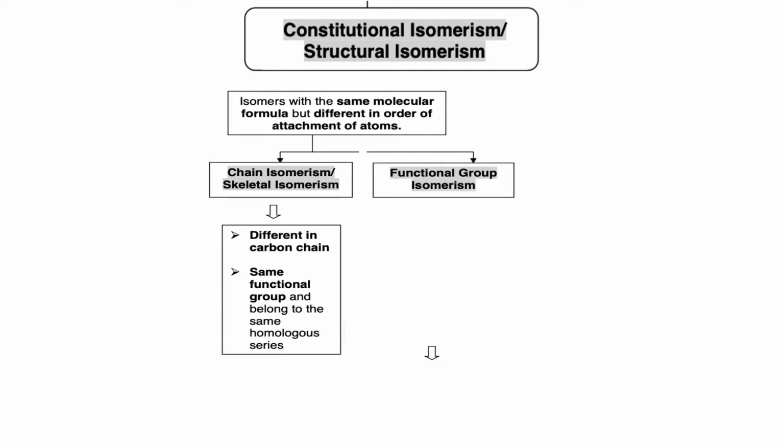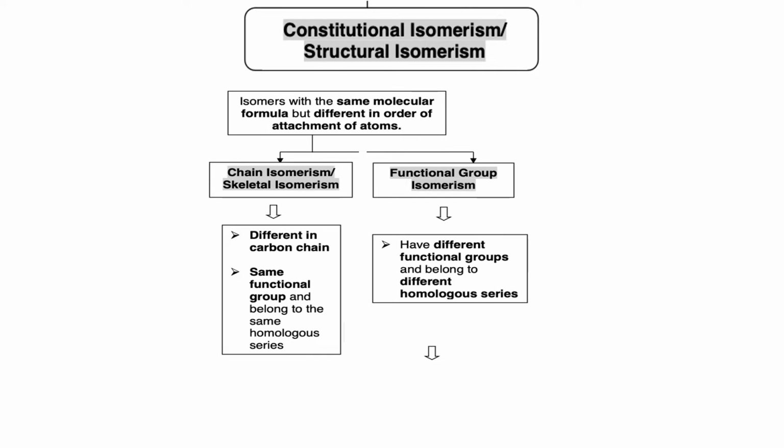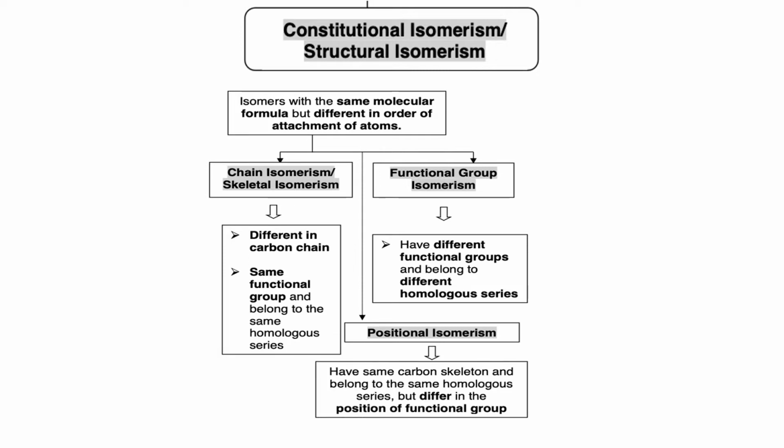The next one is functional group isomerism, where the isomers have different functional groups. For the third, we call it positional isomerism, where they have the same carbon skeleton and the same functional group, but the position of the functional group is different. For all of these, I will elaborate more on each.